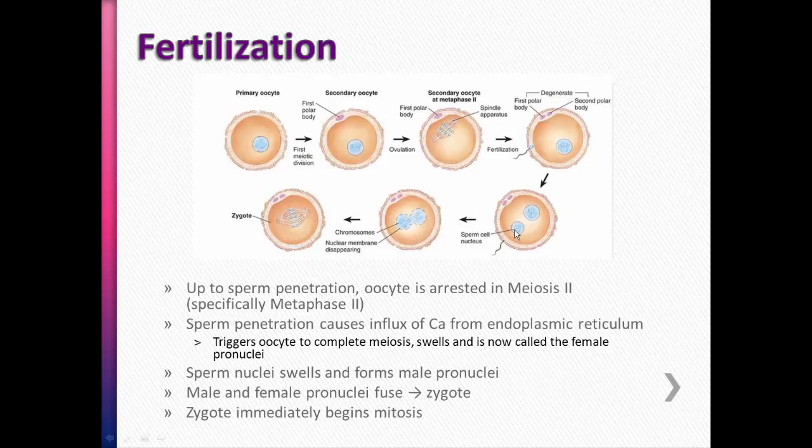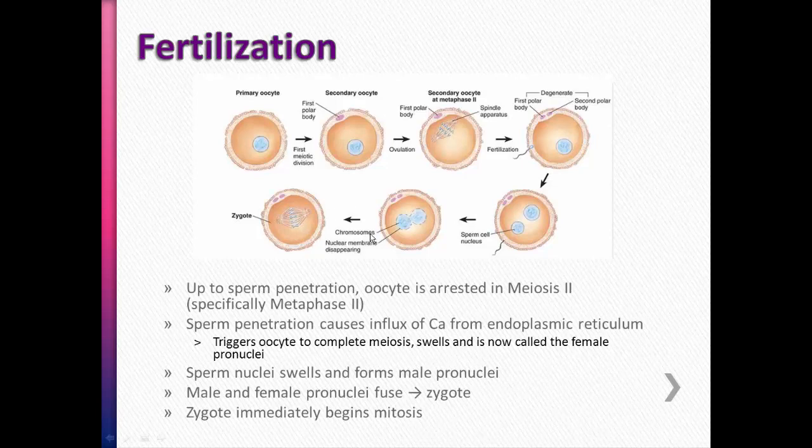At the same time, when the male inserts its nucleus, that nucleus swells and forms the male pronucleus. So now the male and female pronuclei come together, and that would be the process of fertilization, and now you have a zygote.